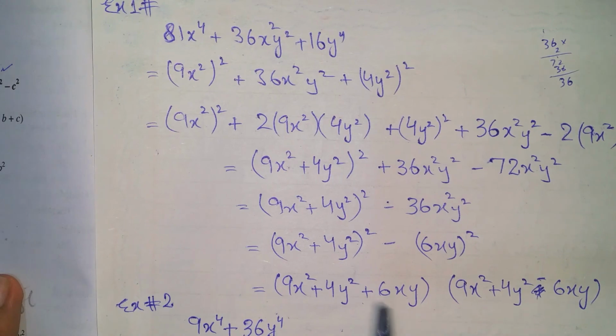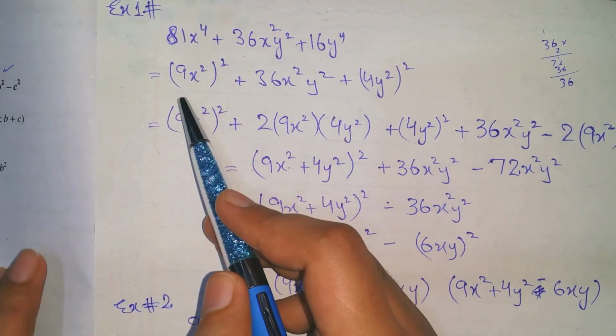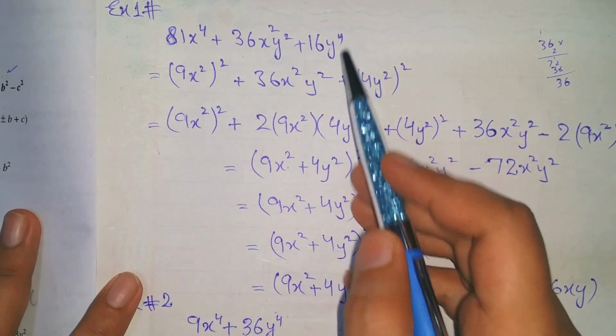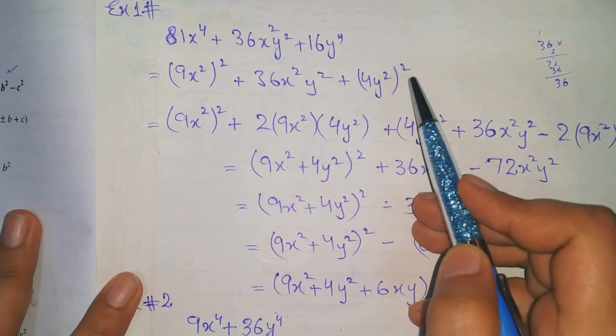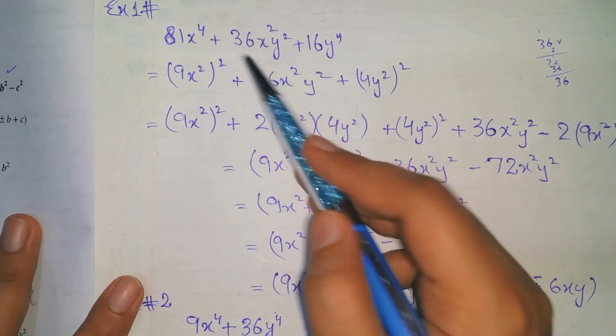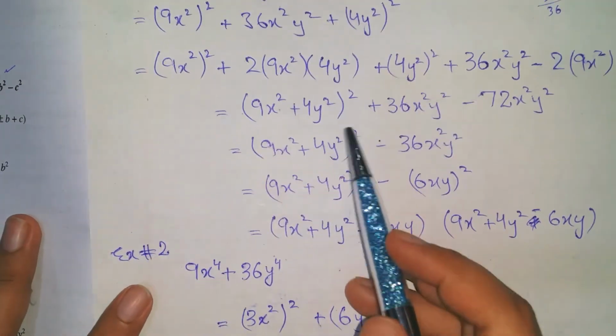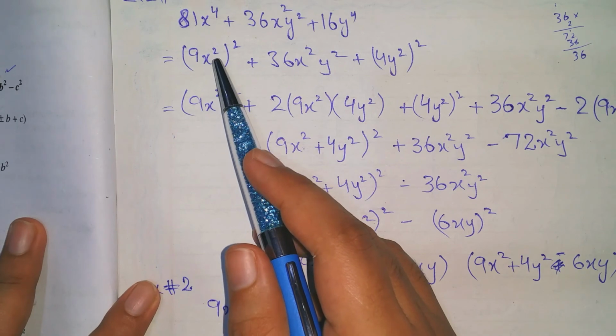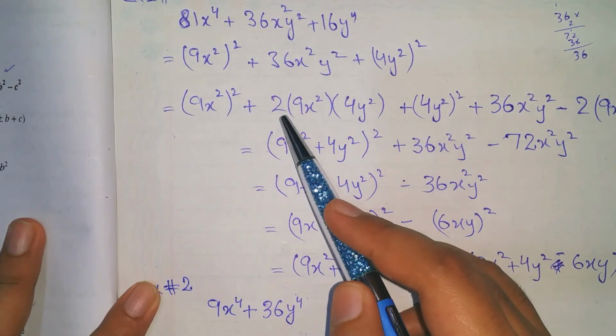We can easily see 81x^4 is equal to (9x^2)^2, 16y^4 is equal to (4y^2)^2, and this term is as it is. Now we need to complete the formula. For the formula we need a^2 plus b^2 plus 2ab.